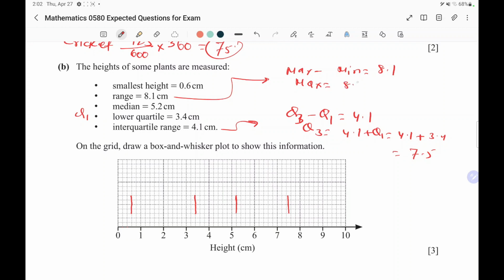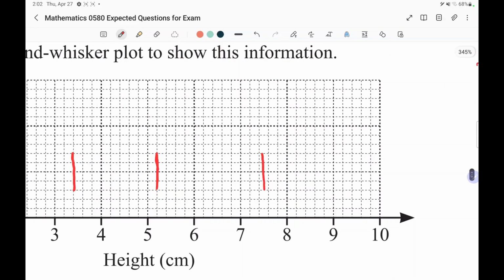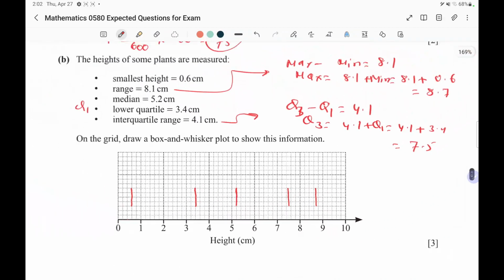So maximum is equal to 8.1 plus minimum, or smallest height, that is 0.6. So which is 8.7. So 8.7 will be here.